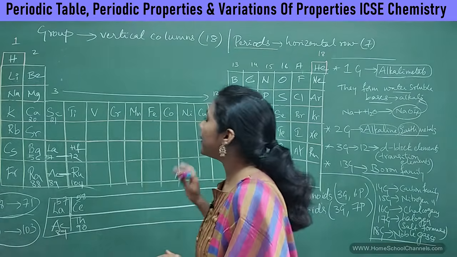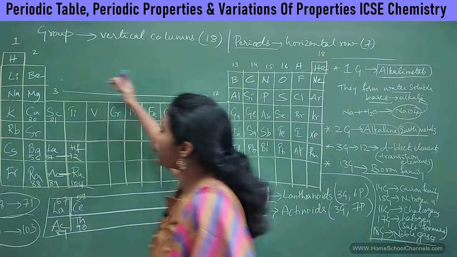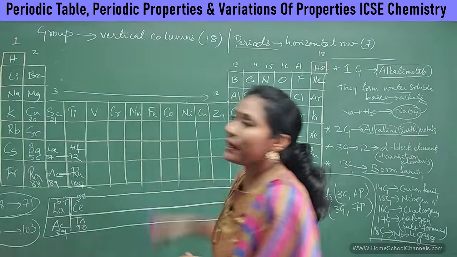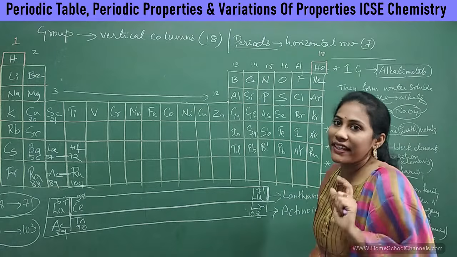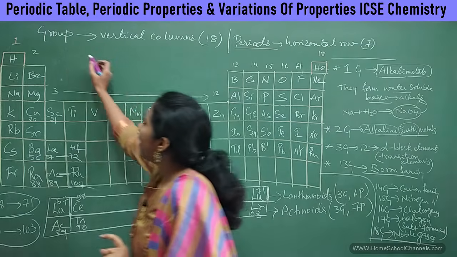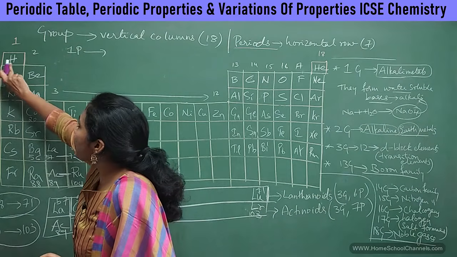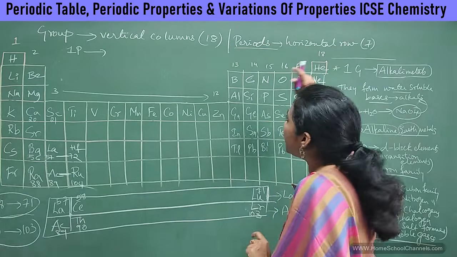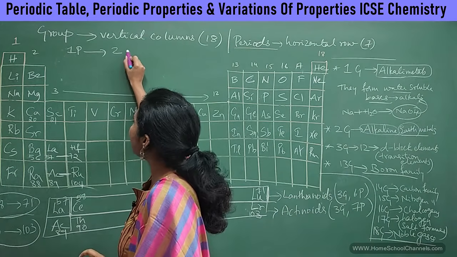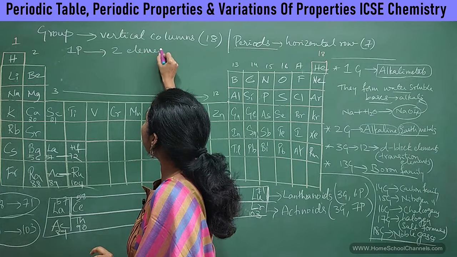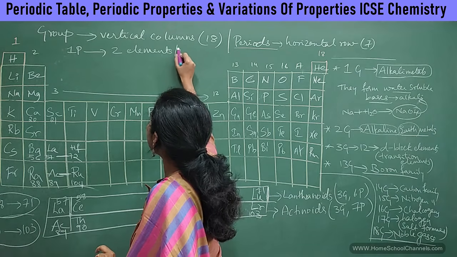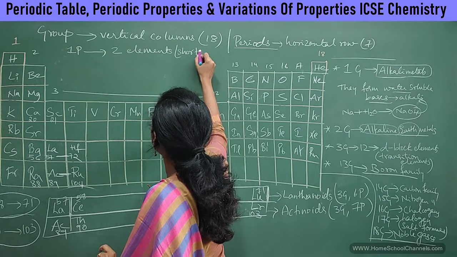And now, very important: in which period how many elements are there is also a very important concept. Coming to the first period, it has only two elements, that is hydrogen and helium. So I can say this is the shortest period.